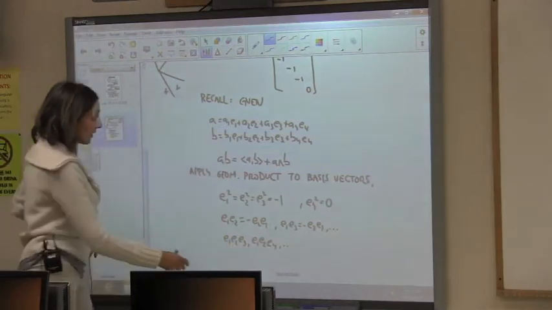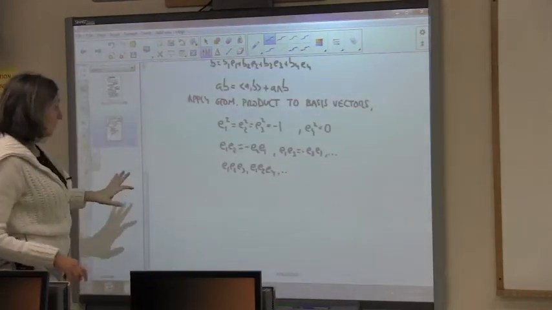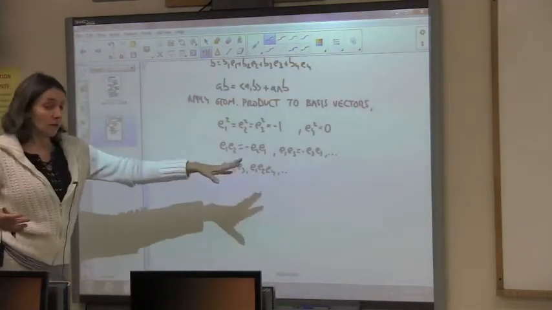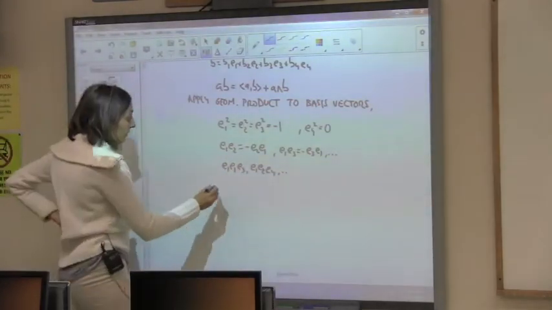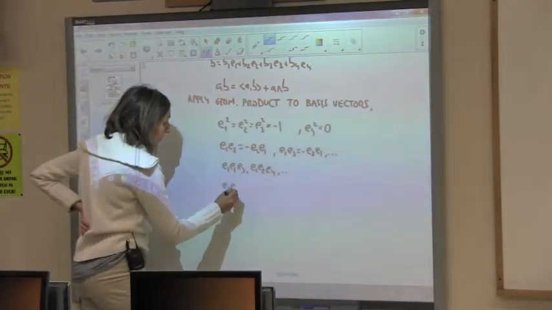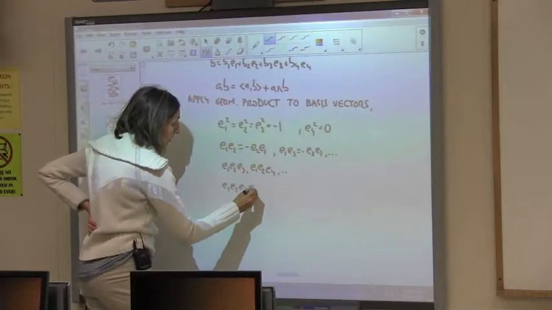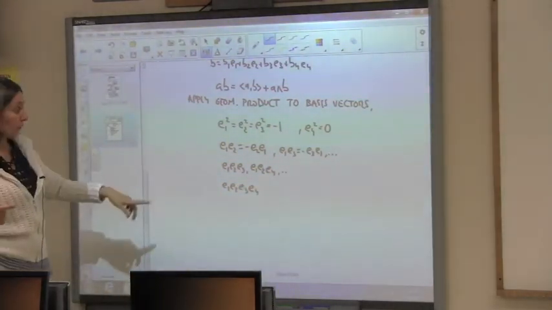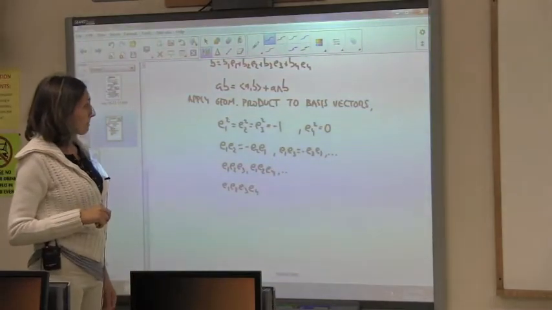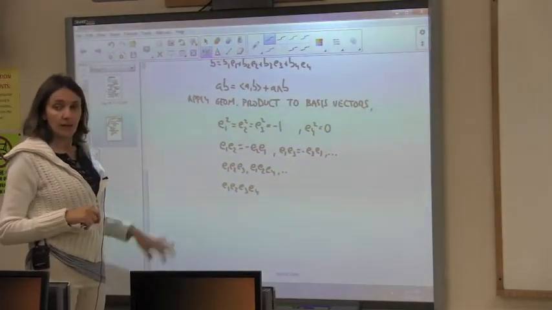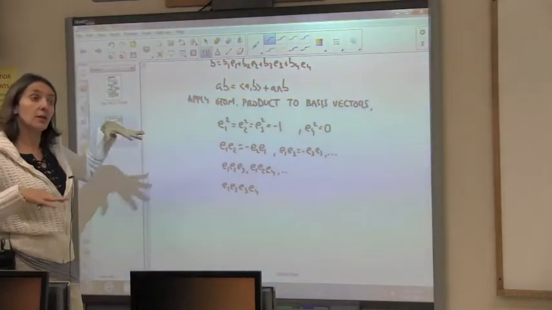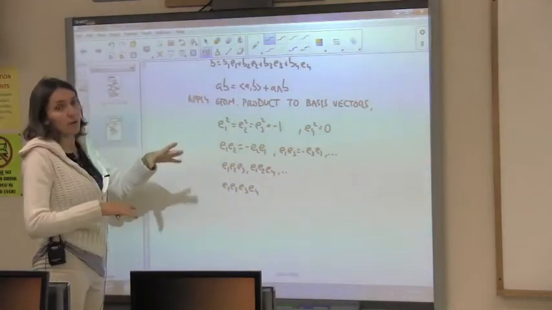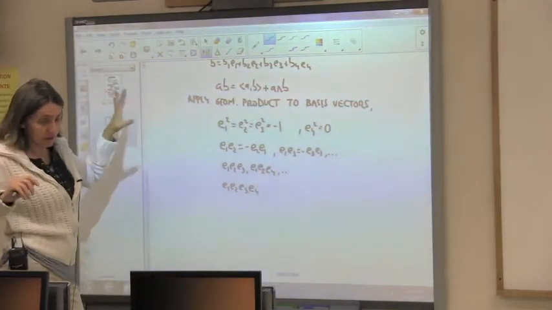So we can do all the products of 3 of these 4 basis vectors, all possible combinations, and then we have E1, E2, E3, E4. There is one element of grade or rank 4. And doing these combinations, we get all the elements of our basis of our Clifford algebra.